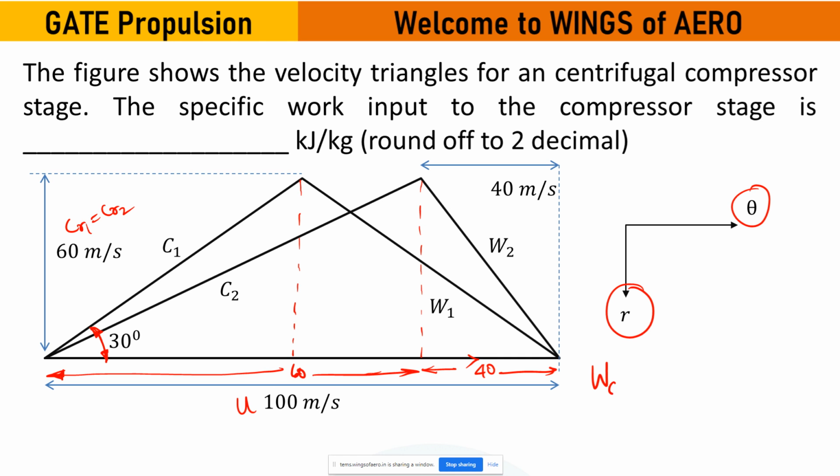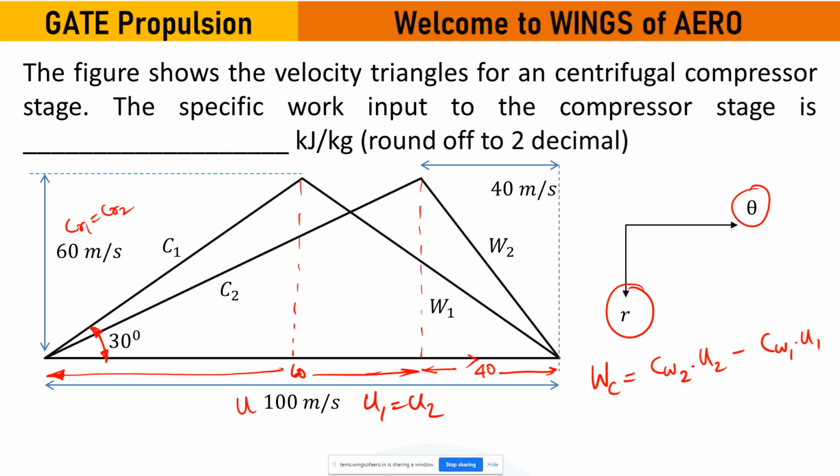So specific work output is nothing but CW2 into U2 minus CW1 into U1. Using this triangle, I will be able to find CW2 and U2. Here U1 is equal to U2, right?